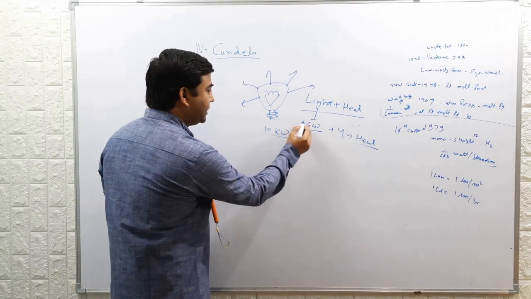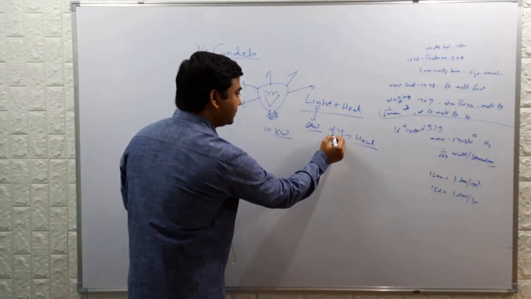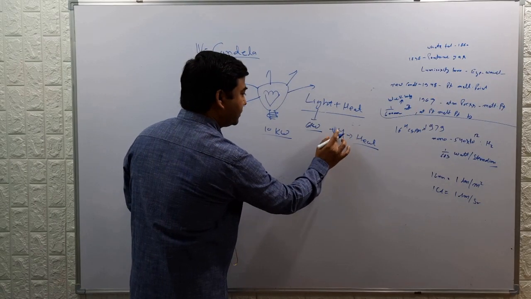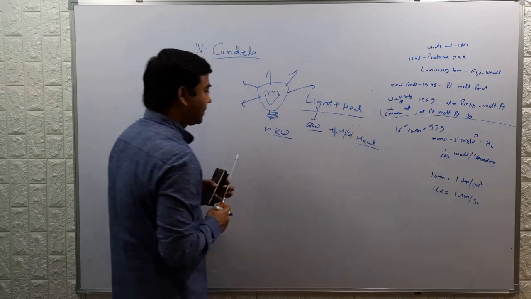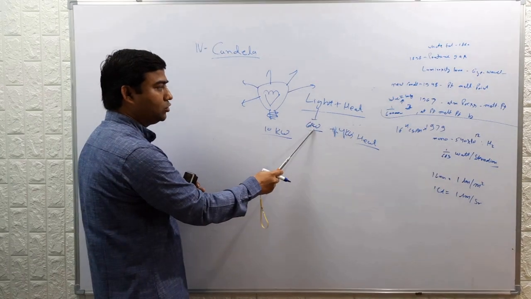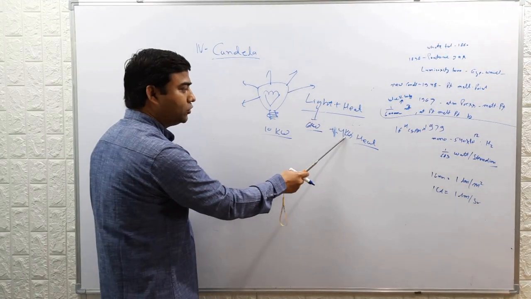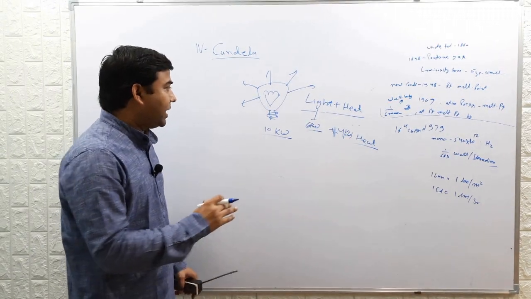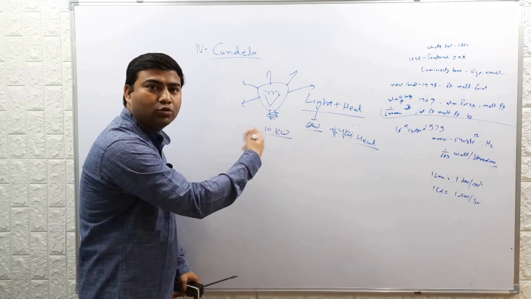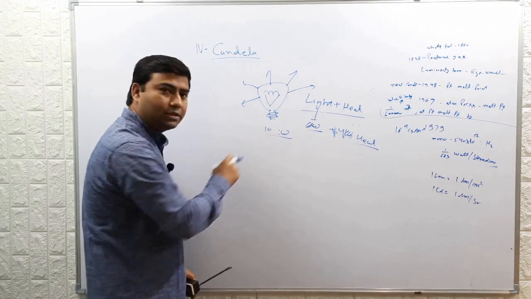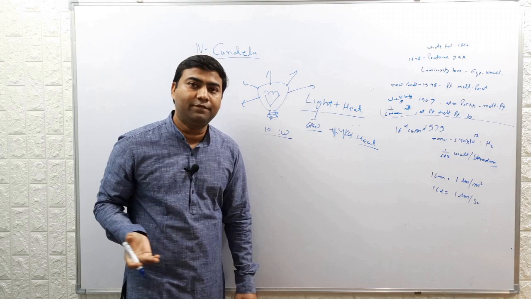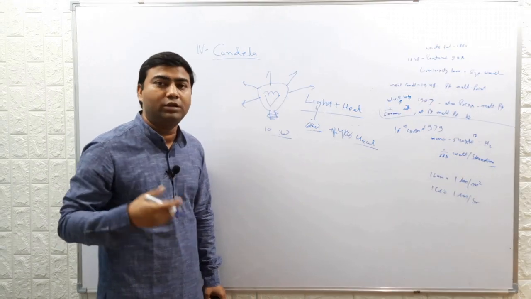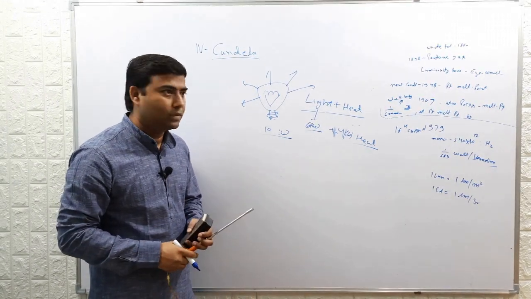Sorry, this is kilowatt, then you can use kilowatt here also. It is 10 kilowatt, 6 kilowatt light energy and 4 kilowatt as heat energy. I have used kilowatt, a very big unit. Generally bulbs are in watt. You might have seen that CFLs are 9 watt, 10 watt, 20 watt.